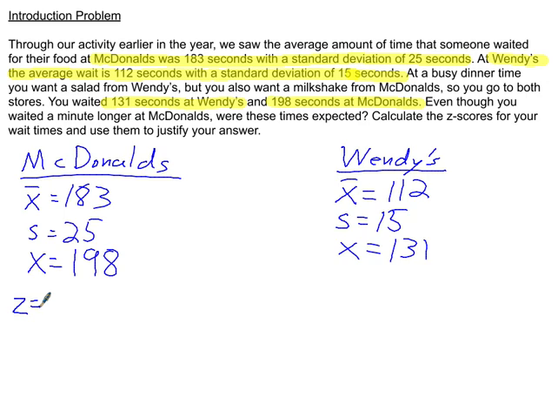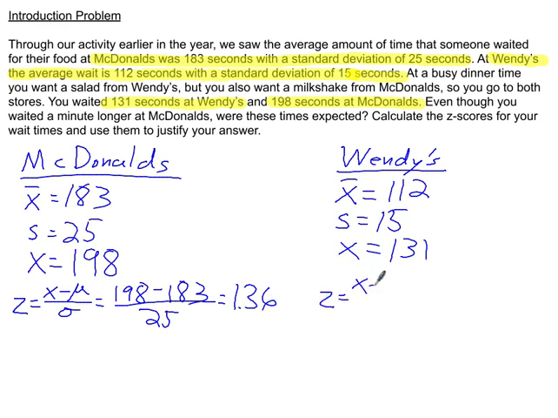For McDonald's, we will take 198 minus 183 divided by 25. Our z-score there is 1.36. And at Wendy's, I'll write down our z-score formula again.